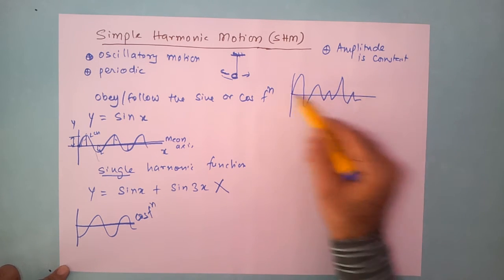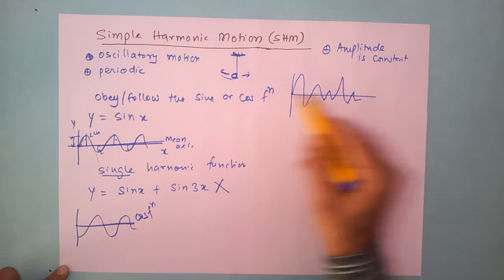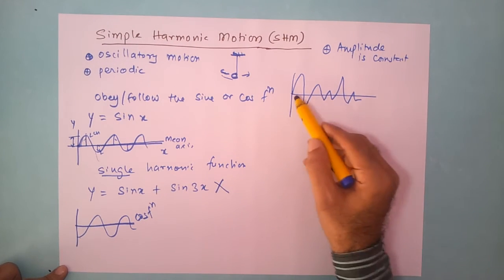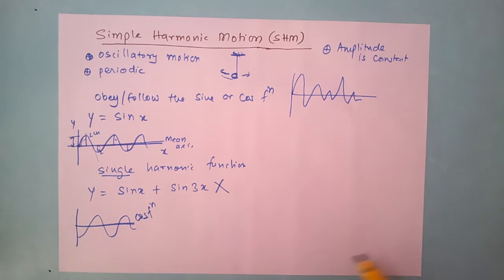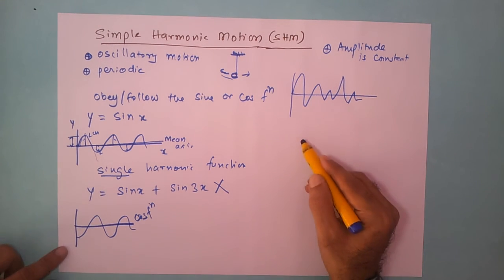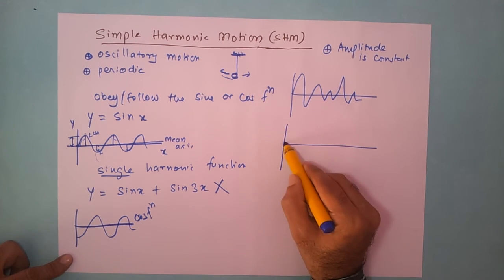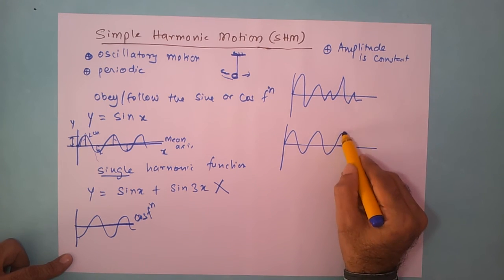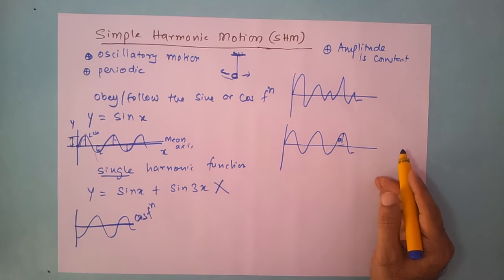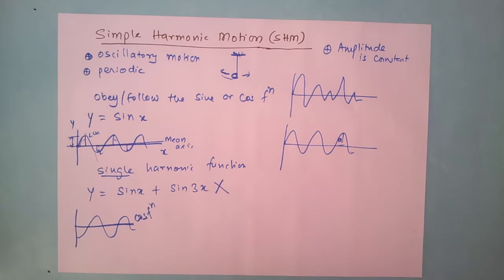In this case the amplitude is not constant, and then we would not call it a simple function. It may probably be harmonic, it may be oscillatory motion, but it is not a simple harmonic function. So the graph of the simple harmonic function should look very uniform with the same values of A throughout. This distance would remain constant. So that is what simple harmonic function means.